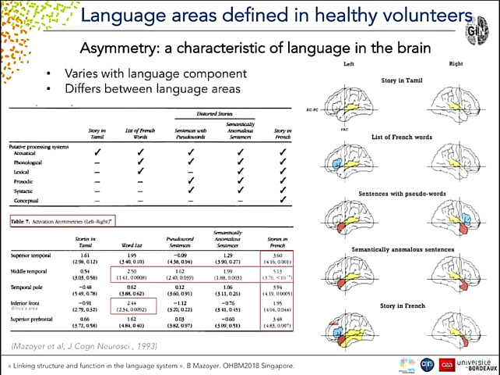We did a study years ago where we mapped different language components, from phonology up to higher semantics, and showed that asymmetry was a characteristic of language in the brain, and it varies with language component, but also varies with language area. So language is not associated with just one brain region, and asymmetry is not implemented in one particular brain region. It really depends on which region is involved in which language component.